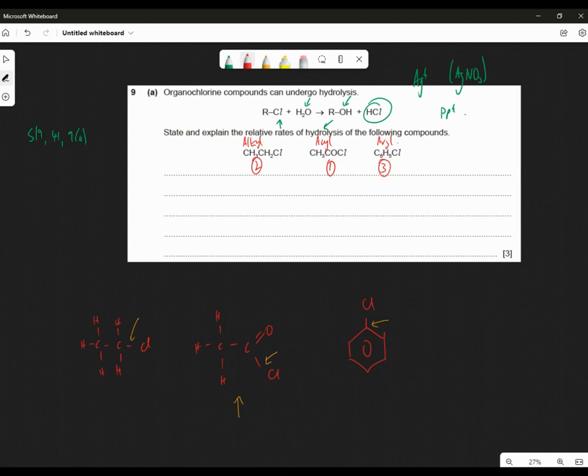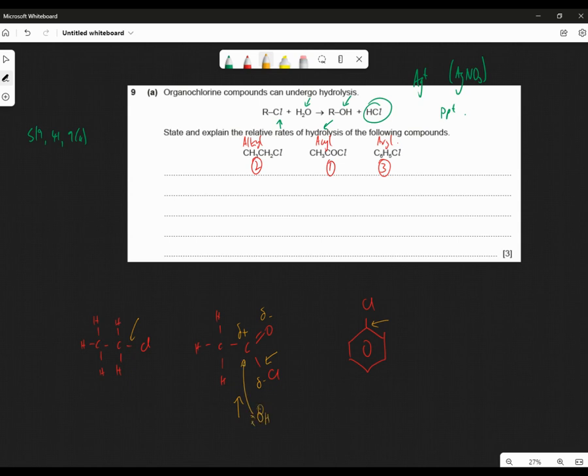Now the reason this is going to be quick is because the chlorine is delta negative. The oxygen is also delta negative. Therefore, the carbon in the middle is very, very delta positive, and it's going to be attacked very easily by the hydroxide ion.